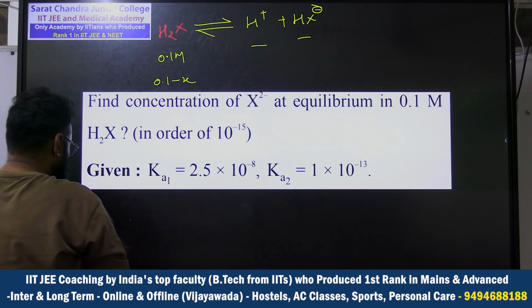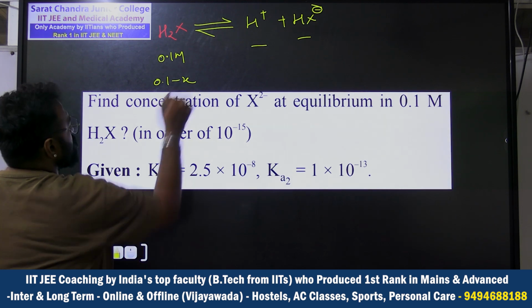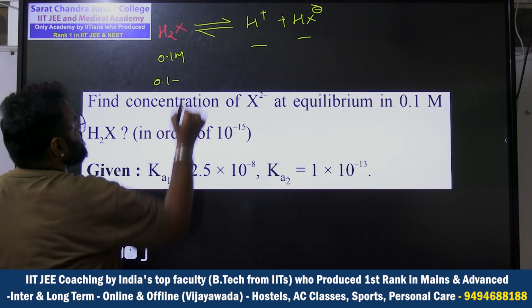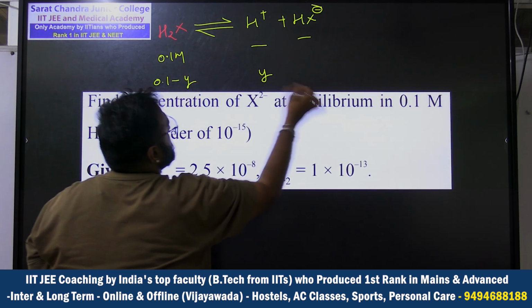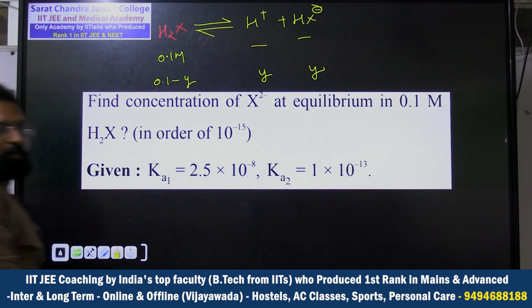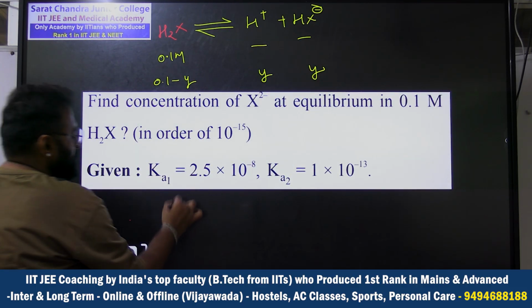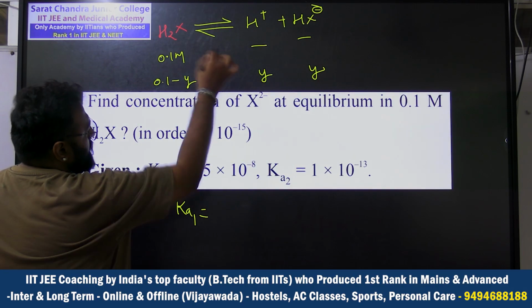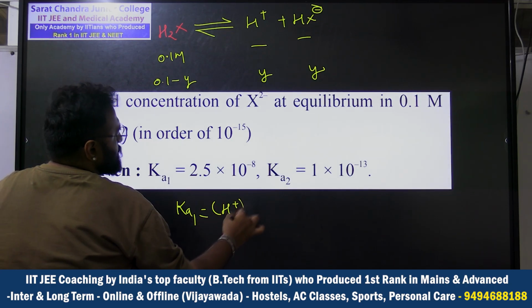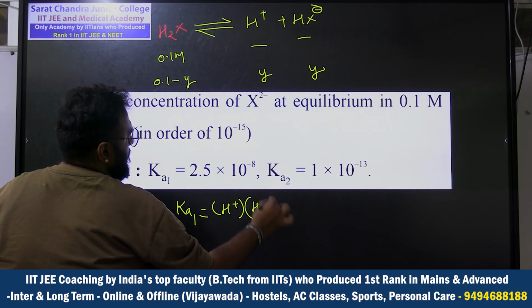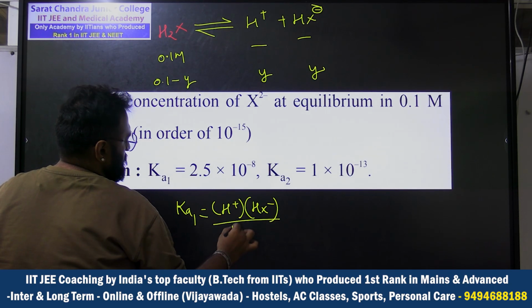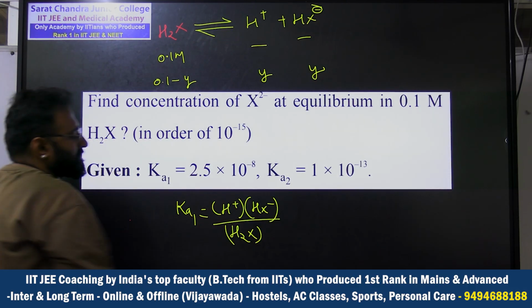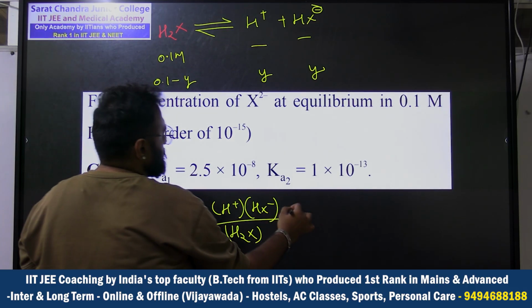या इसको y ले लो to avoid confusion. Let us take y, correct. So what is Ka1? HX minus into H plus upon H2X. Keep the data.